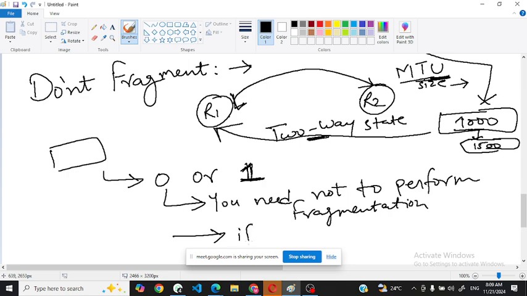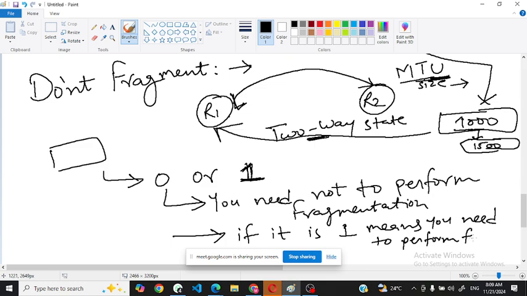If it is 1, it means you need to perform fragmentation.